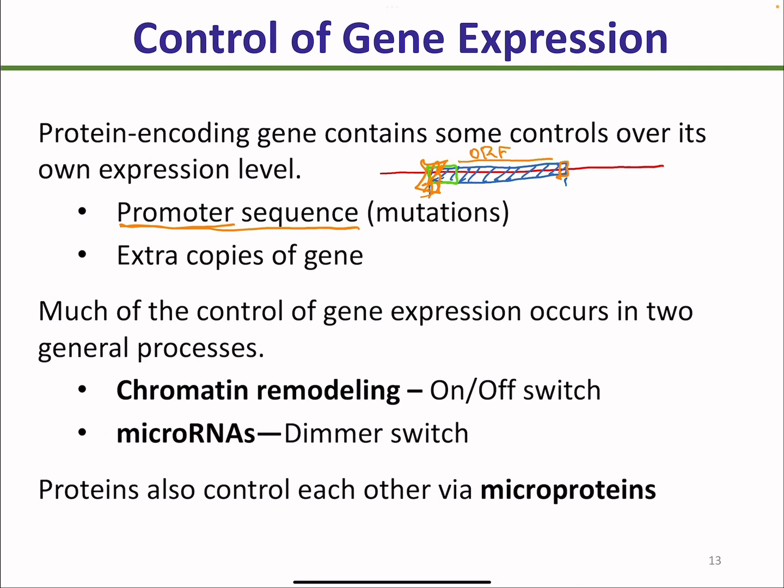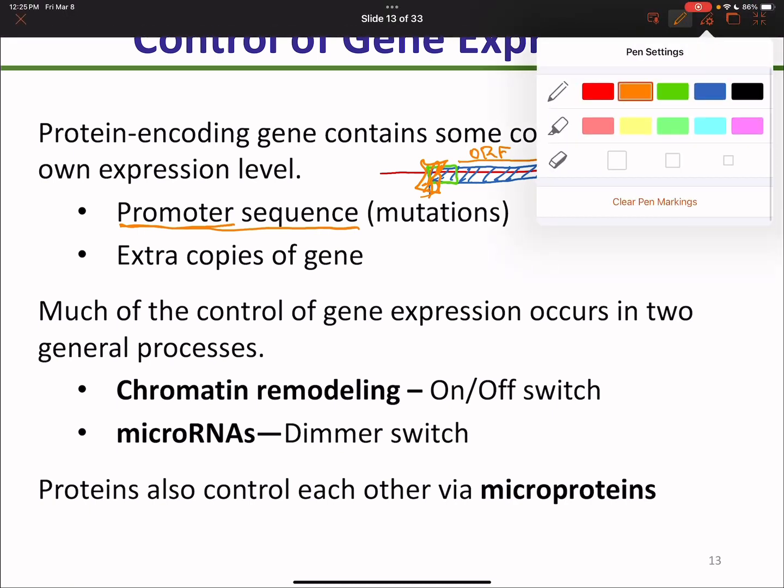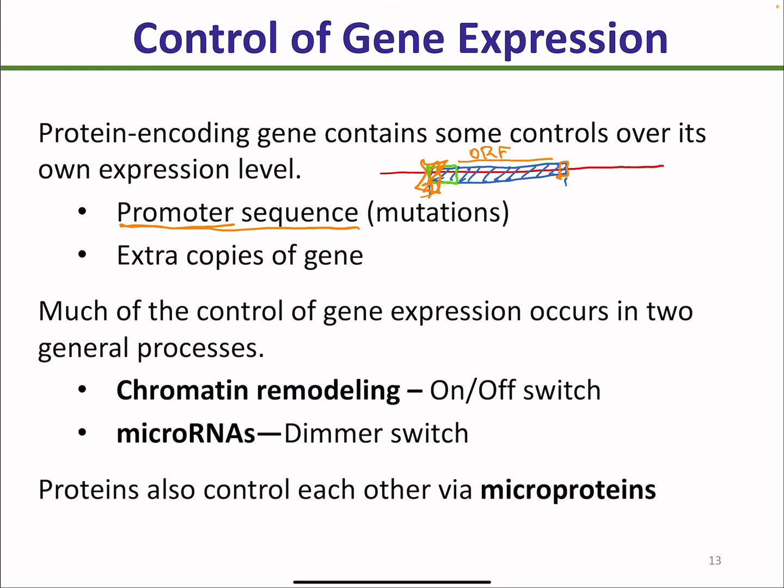But by the same token, if a regulator comes and binds, I'm going to change my color here, somewhere here, this can cause a change in the conformation of DNA in such a way that the RNA polymerase is going to be more likely to attach more easily on that promoter, causing an activation of gene expression, right?